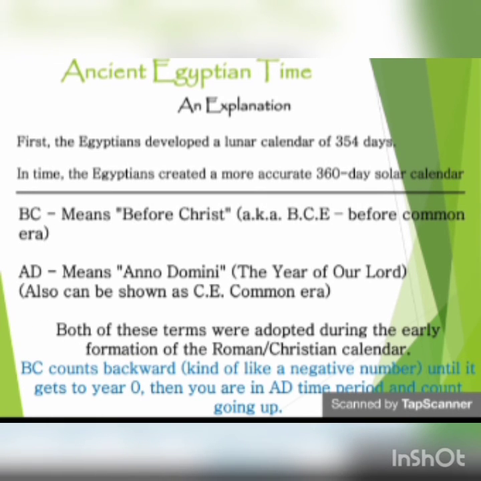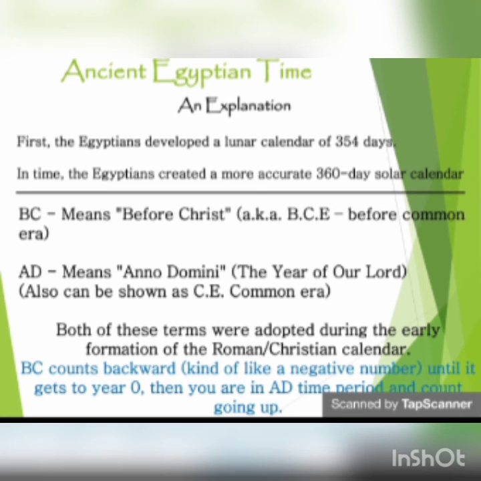BC means Before Christ, also shown as Before Common Era. AD means Anno Domini, the year of our Lord, also shown as Common Era. Both of these terms were adopted during the early formation of the Roman Christian calendar.